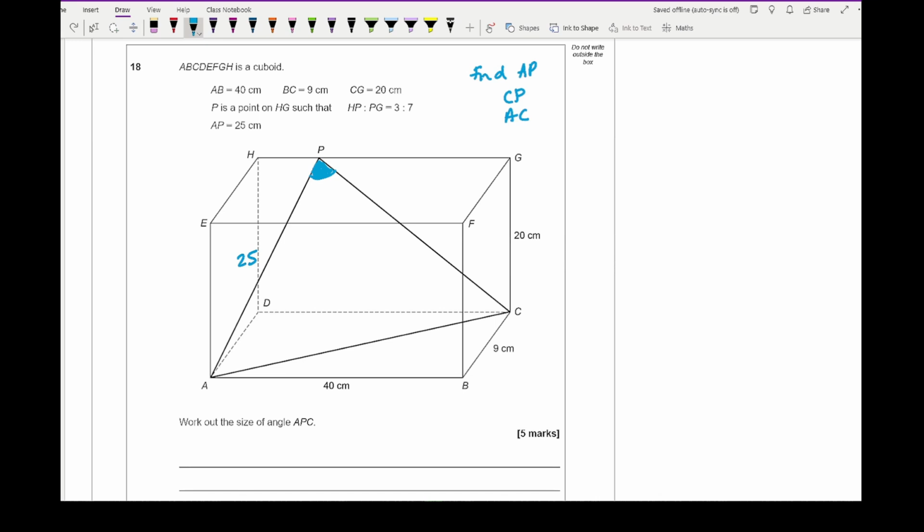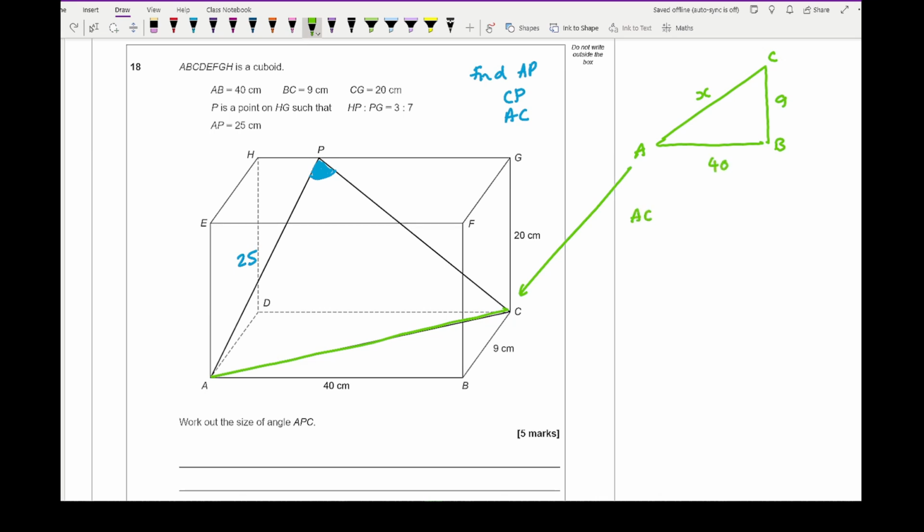Now to find AC, which is this length here, what I could do is take that triangle out, and this is the point A, it should be A not C, that's A, that's C, and that's B. Now, this is the side that I'm wanting to find. This side here is 9 and this side here is 40.